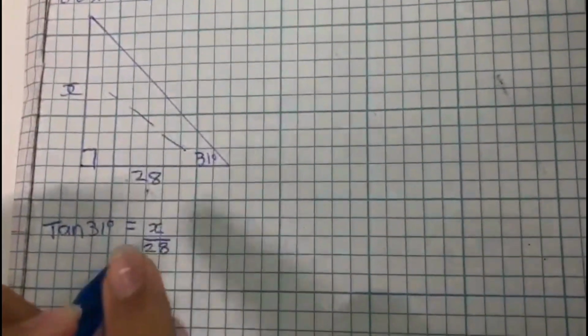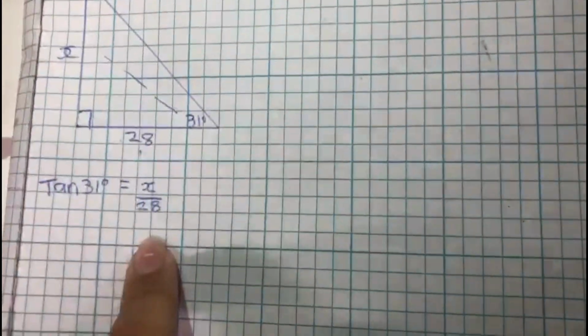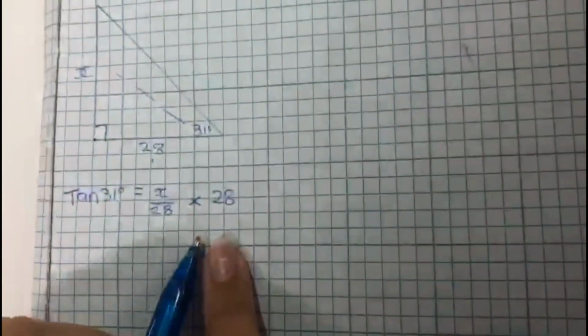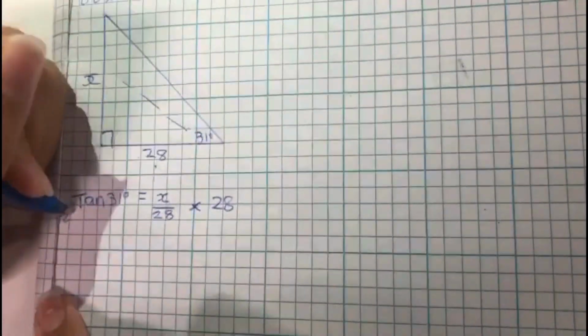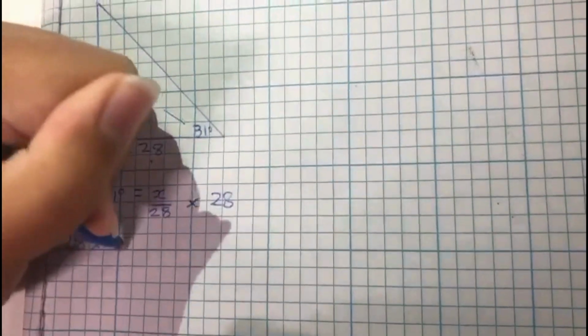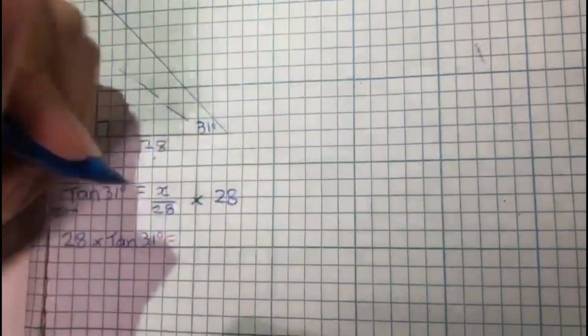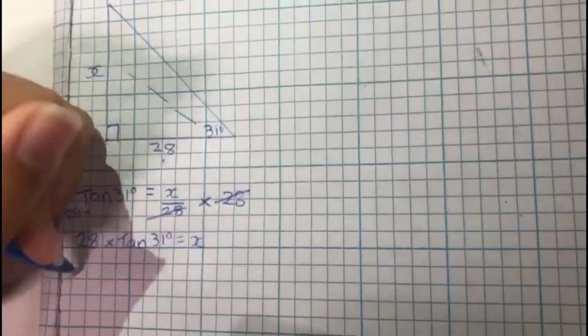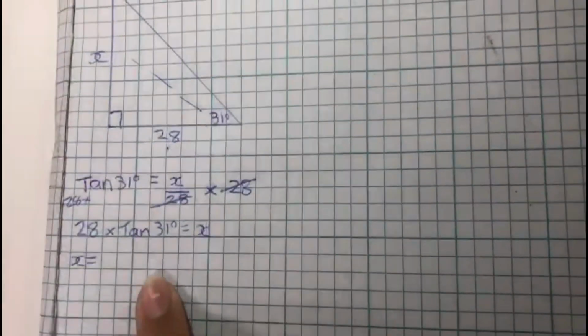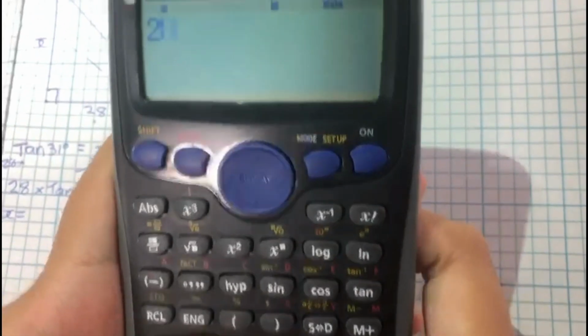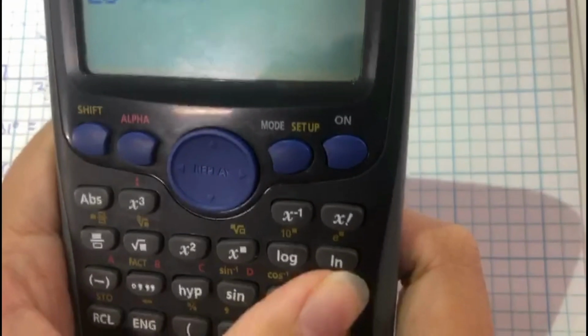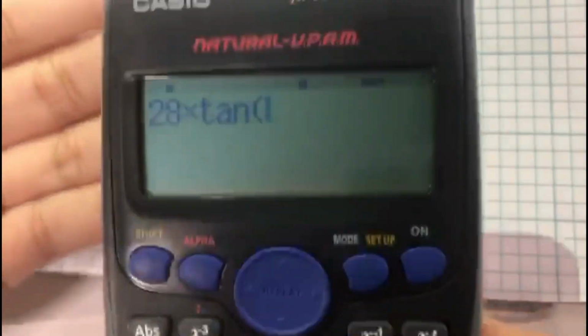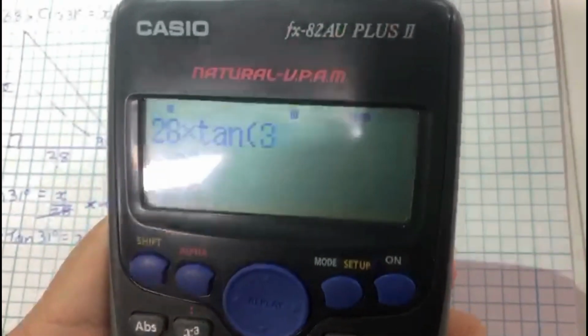Now we want to get rid of the denominator, so whatever the denominator is, we'll times it by itself to get rid of it. What you do on this side, you have to do on this side. 28 times tan 31 degrees is equal to x, because we cancel these two out. So then we need to find x, which we do with our trusty calculator, and do 28 times tan, which is the last one if you've got a Casio, 31 degrees.